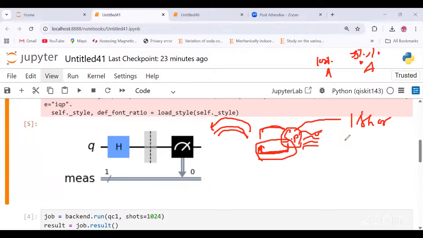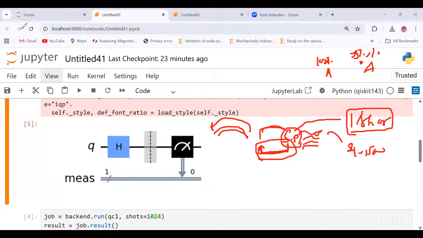So in one shot we cannot do it just like in classical circuits. To verify, we have to run these circuits multiple times, maybe 400 or 500 times in simulation.